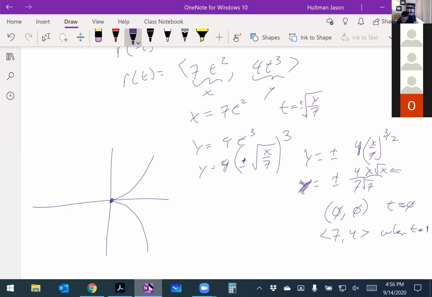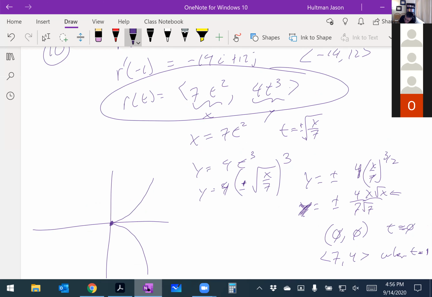Now let's go back to our original function here and start messing around with these things. So what happens at -1? That's kind of weird. If t is equal to +1, where are we at? Well, we would be at 7, 4, right?